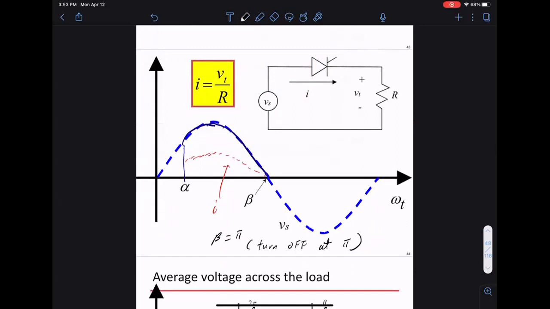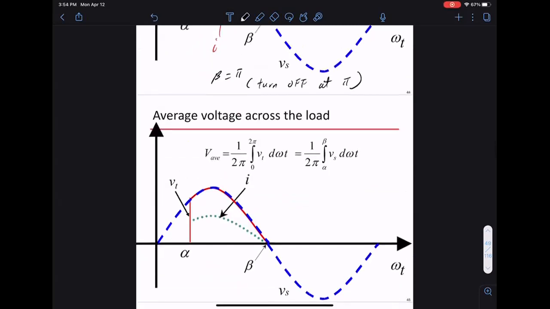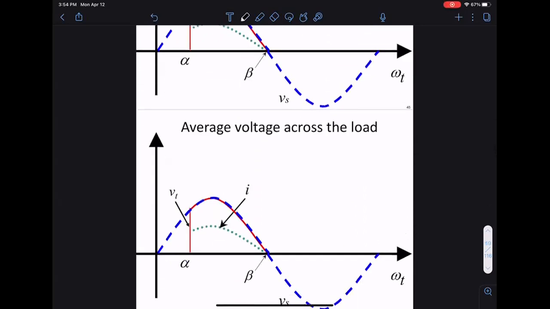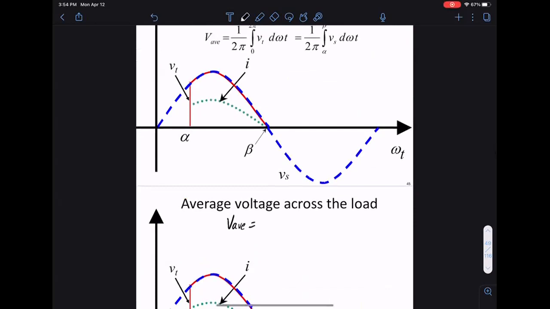If you compute the average voltage across a load, then instead of integrating from 0 to 2 pi, we'll integrate from alpha to beta. Let's work this integral out. The average is 1 over 2 pi.